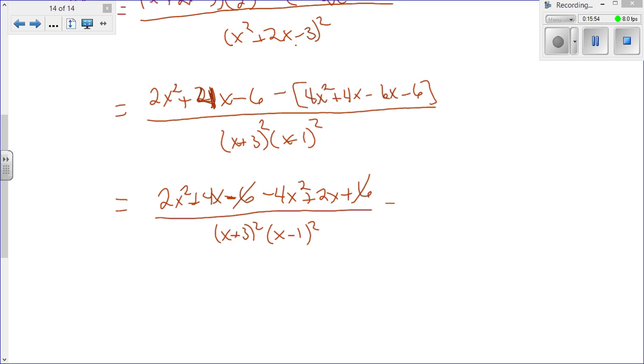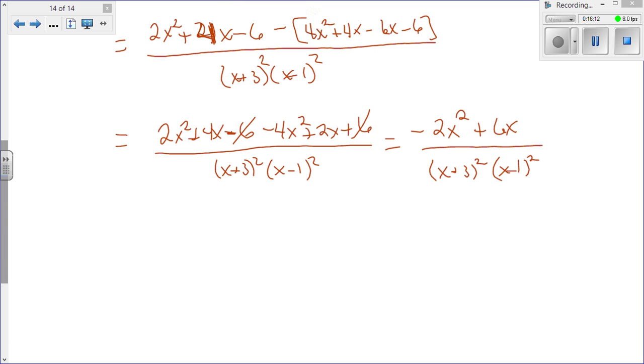And I'm going to combine like terms, and I will get negative 2x squared plus 6x over my same noxious denominator. And yes, you need to include the denominator with every step of the problem.